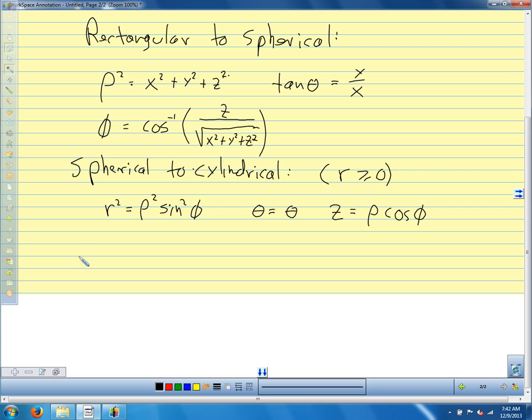And if we want to go the other way, and we're saying again r is greater than or equal to 0. Rho equals the square root of r squared plus z squared.